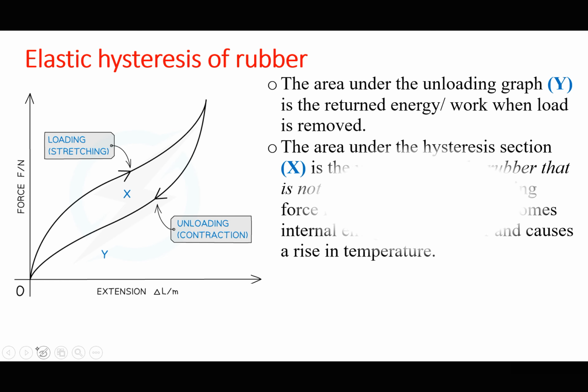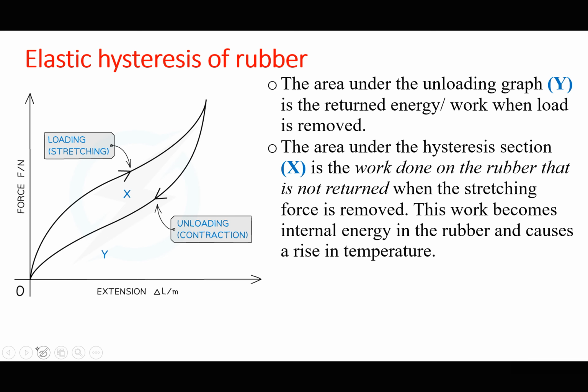And the area under the hysteresis section, which I've labeled X, is the work done on the rubber which is not returned when the stretching force is removed. So X is not returned when we remove the deforming force. This work is what becomes heat or internal energy in the rubber, and it will cause a rise in temperature.